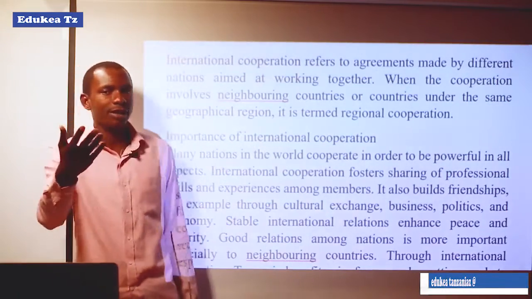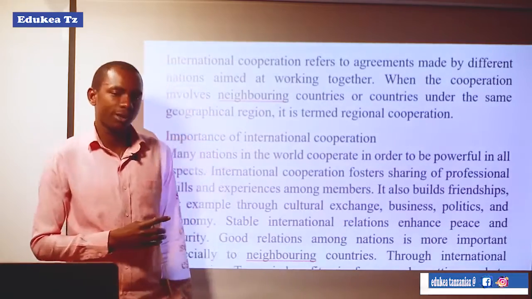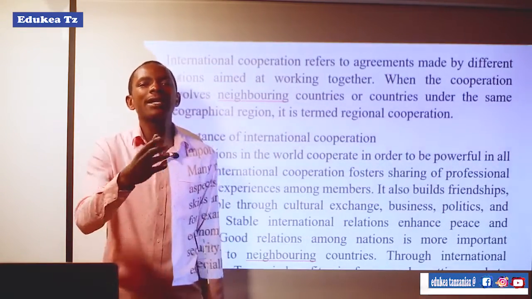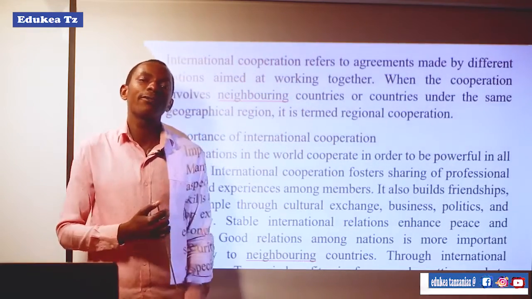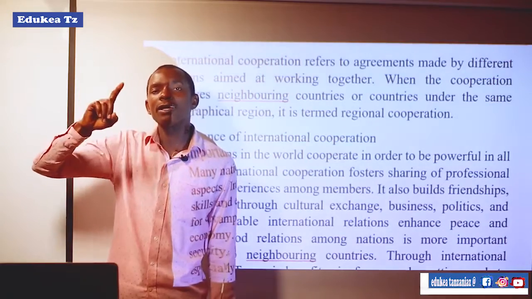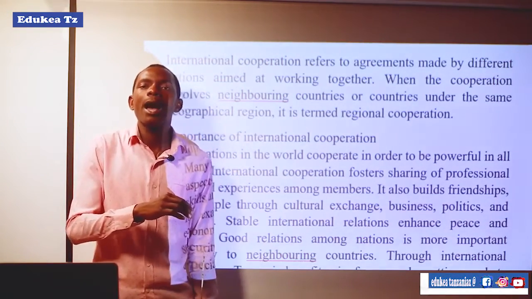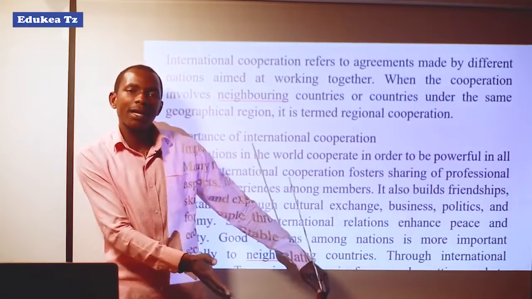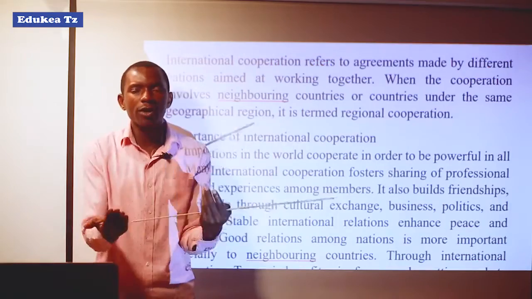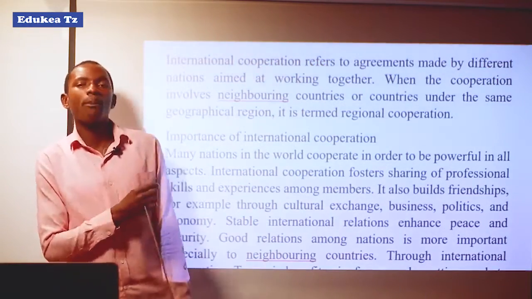We are going to see there are a lot of them, like the East African Community. You will meet several nations which are located in the same geographical location, and there is no nation located far away from the others. They are accumulated together, so we call them regional cooperation.